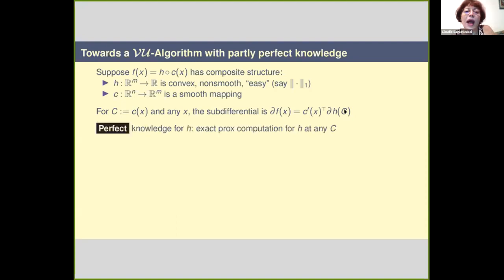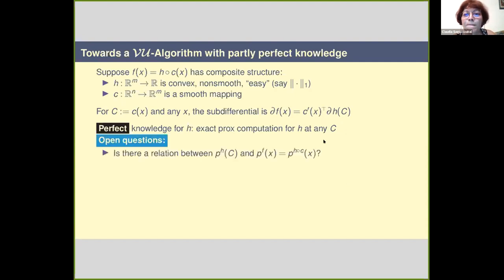Since this function is easy, we may aspire to have perfect knowledge for this one, because we can compute exactly the proximal point of the one norm of a vector c. It's just an extension of the Huber function. And we can also know exactly the subdifferential of the one norm of a vector c. This is something that we can afford; it's not too expensive.